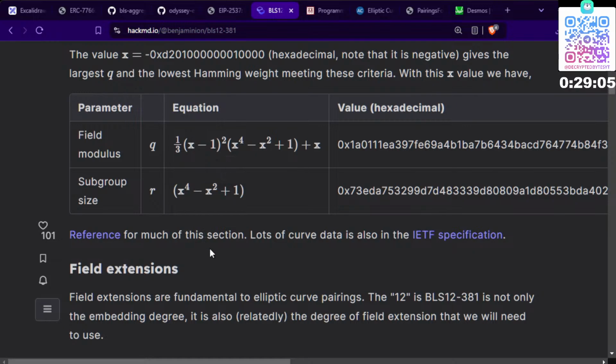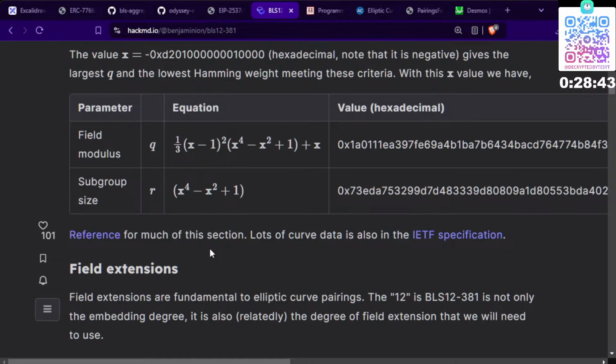The x equal to 0, hexadecimal value, note that it is negative, gives the largest q and the lowest Hamming weight meeting these criteria.